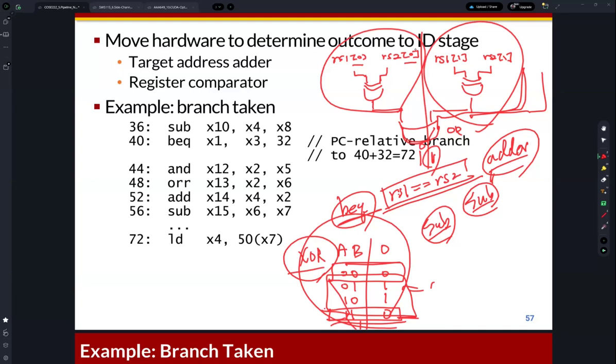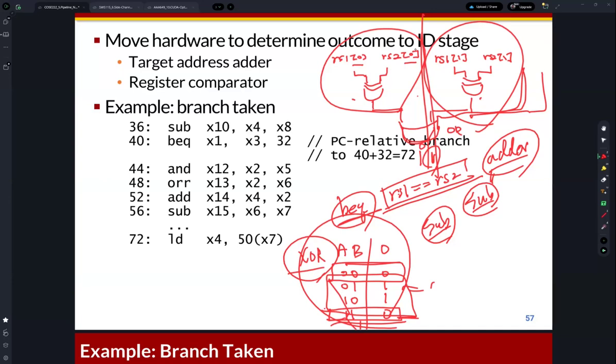But the equality check is very simple because for all bits we can just apply an exclusive OR gate for each digit, and then this operation can be performed in parallel, right?